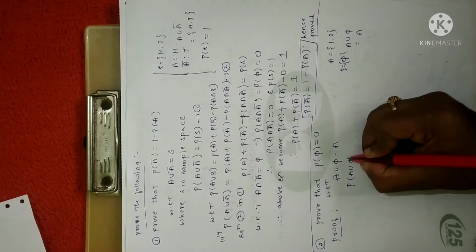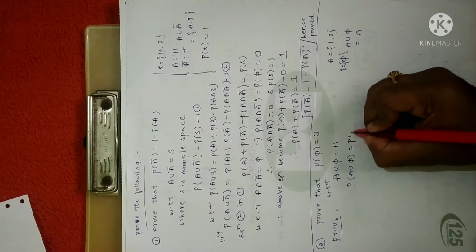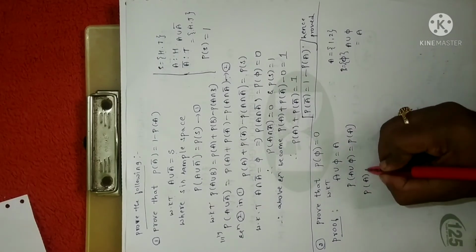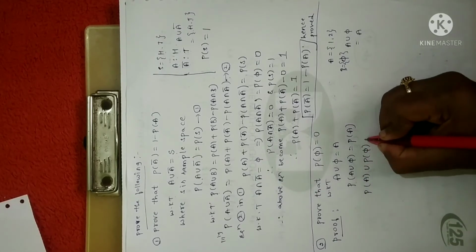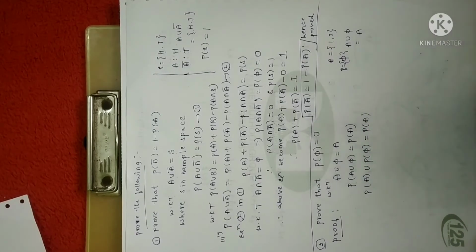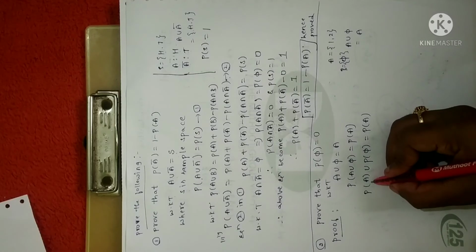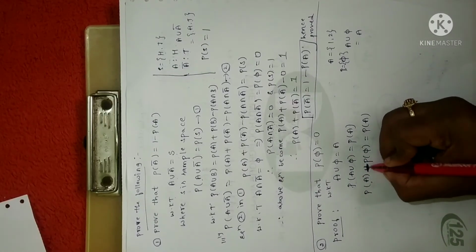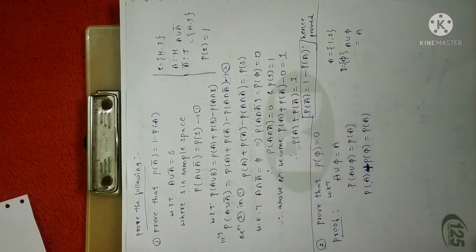So you will get probability of A union null set is equal to probability of A. Now let me split this as per the properties: probability of A plus probability of null set is equal to probability of A. Union becomes plus, as I already told you, for n number of mutually disjoint sets.